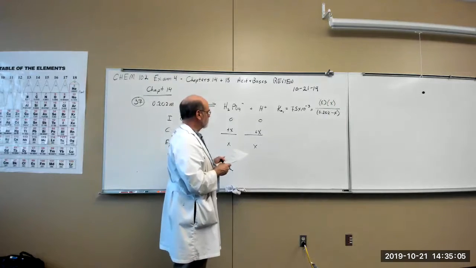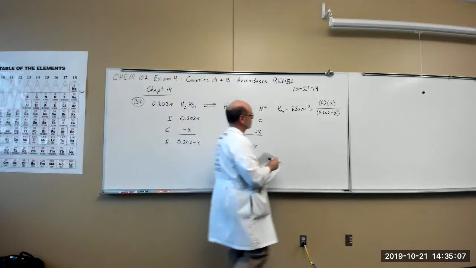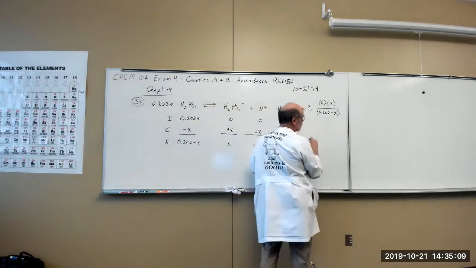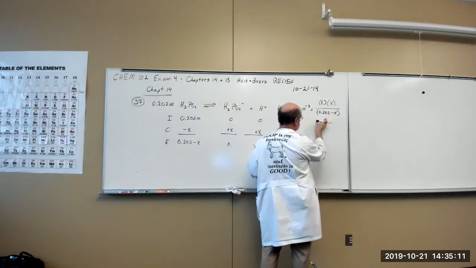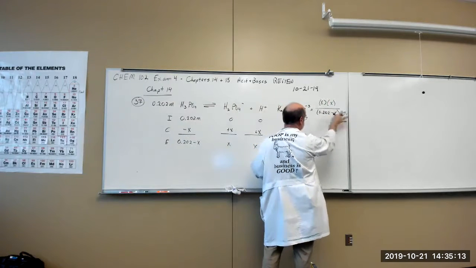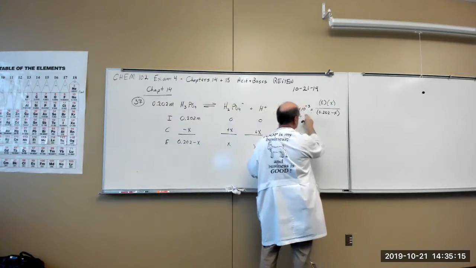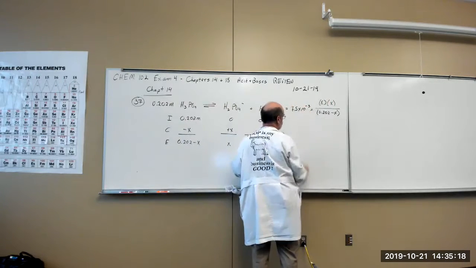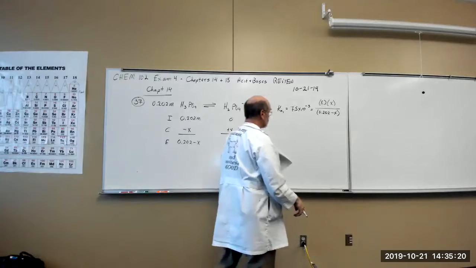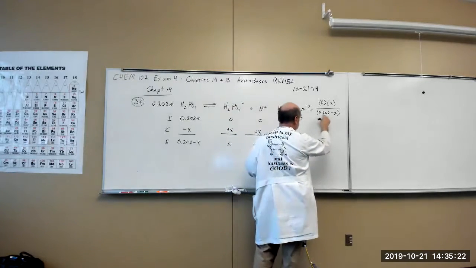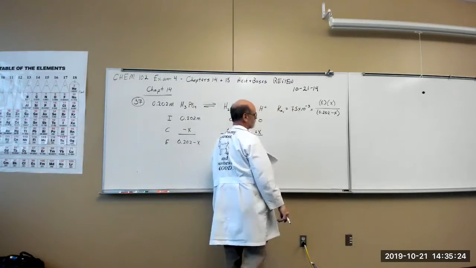Now, if we assume that x is going to be very small compared to 0.202, then we can work it out with x missing. But this 10 to the minus 3 tells me that x is probably going to be significant, particularly at that low concentration.